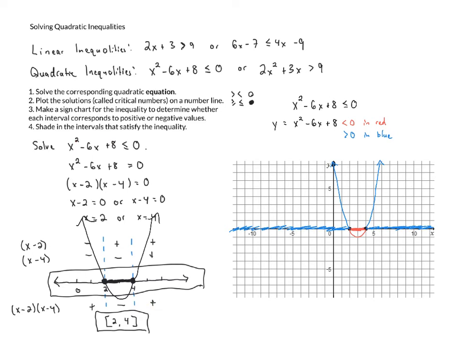And then these positives are telling us this is where the graph goes above the x-axis, this is where the y values are positive, and that means this is where this expression is greater than 0. Since we specifically wanted to know when it was less than or equal to 0, we shaded in the middle. If we were doing a different problem where it was greater than or equal to 0, we would be shading the intervals on the outside.